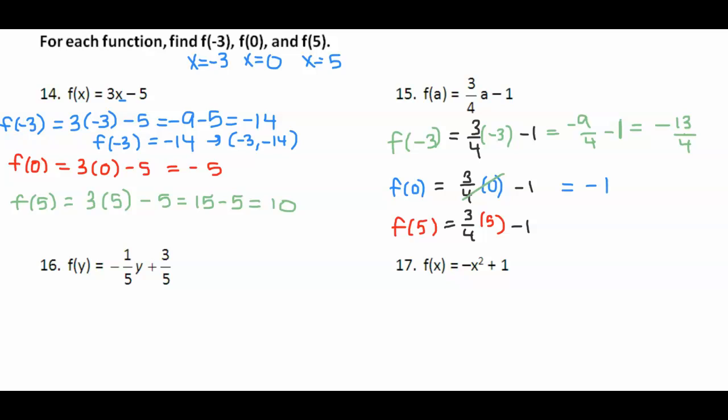So we get -1. And plugging in 5, you get 15 over 4 minus 1, which is like 4 over 4. So you get 11 over 4. And again, if you were doing it on the calculator, you just have to hit math enter to get it back to a fraction.